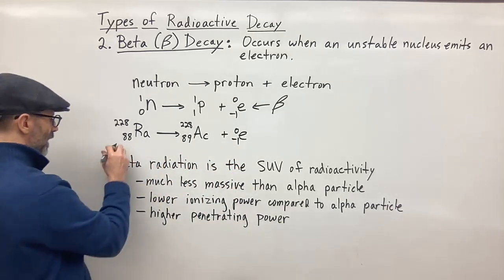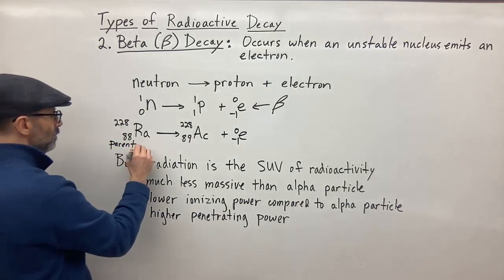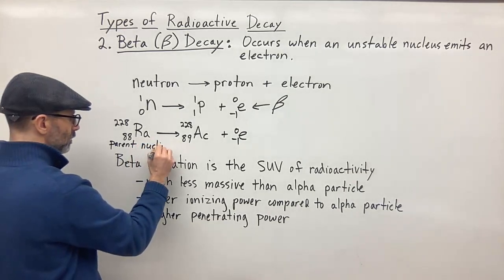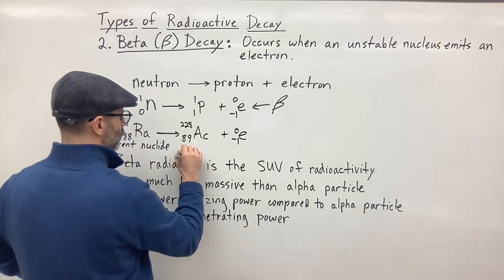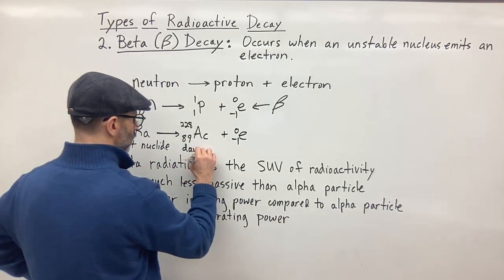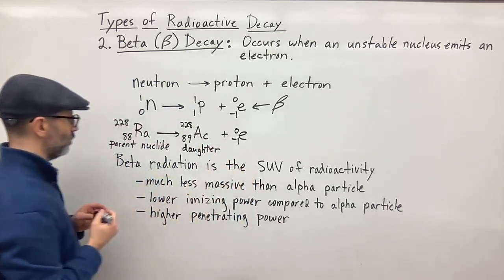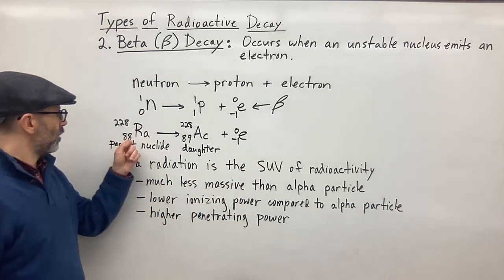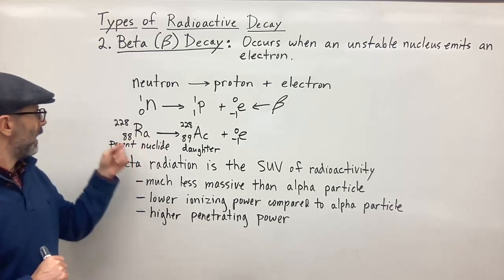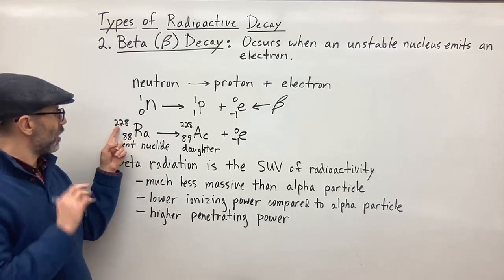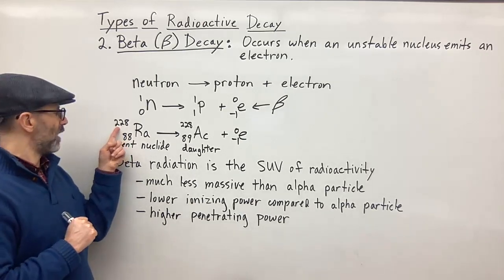Okay, so here's another example of our radioactive decay. Here again, we have our parent nuclide, radium-228. Here we have the daughter, and here we have our particle. So the parent nuclide releases an electron from the nucleus. Because it's releasing an electron, which has a 0 mass number, the mass number is not going to change.